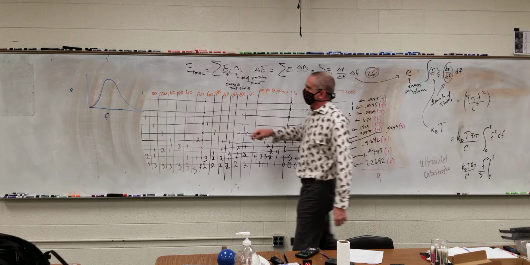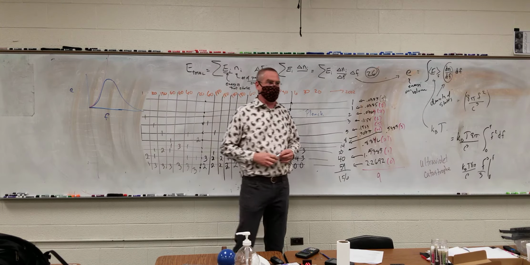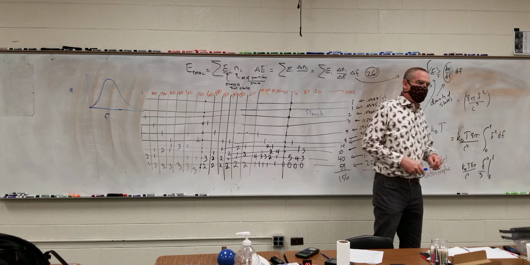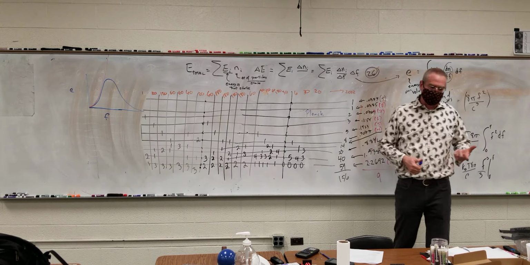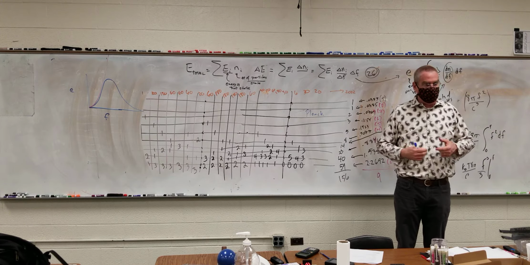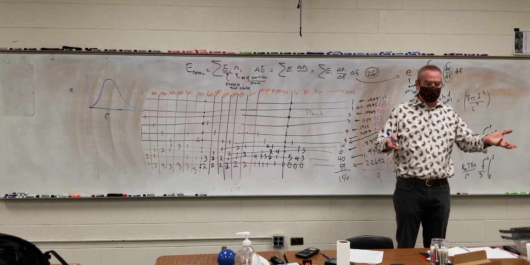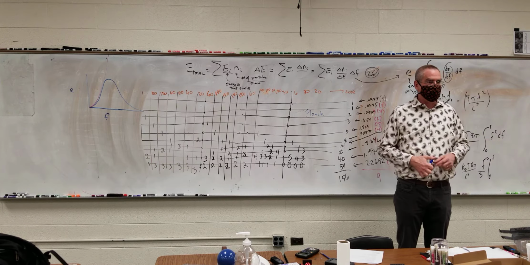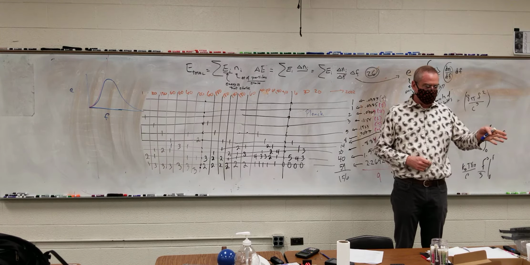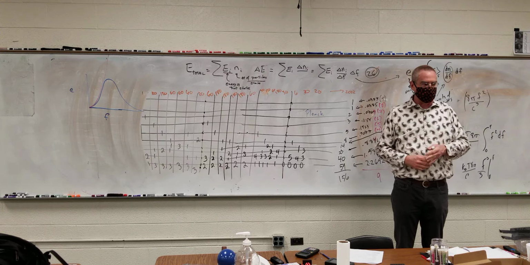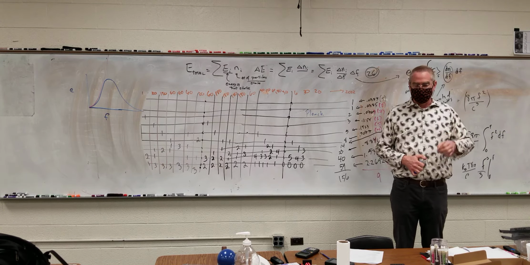Max Planck basically looked at this curve right here, and he thought, well, let's see if we can come up with an equation that works. And he did. He publishes a paper and says, in essence, I don't know why this is the equation, but this is the equation. He had no understanding about why that equation should be the one to describe it from a physics point of view.